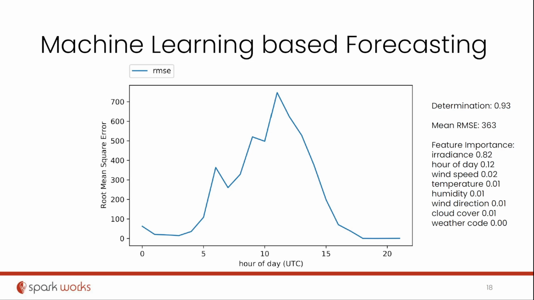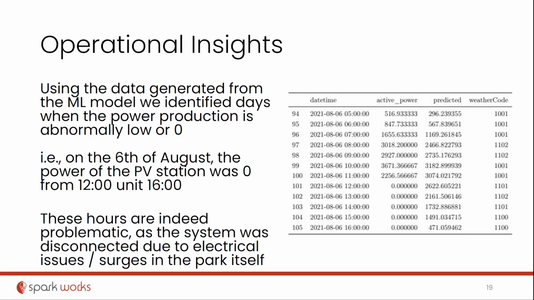So based on the idea that we now have a much more accurate forecast for our system, we are able to use this forecast in order to identify times of day in our installation where the power production is abnormally low or even zero. And this was used as a feedback loop in the whole dataset that we have recorded.